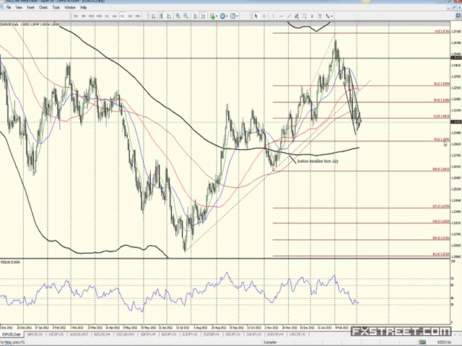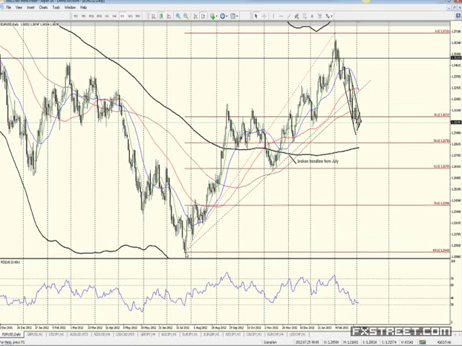So 1.2875, 1.2885 could be the next target once the market resumes the downtrend. That's if it does resume the downtrend. And if it holds under 1.31, that to me is the primary outlook right now. Above 1.31, we can start looking at a more sideways market, but for now, it's still very bearish, especially in the 4-hour chart.